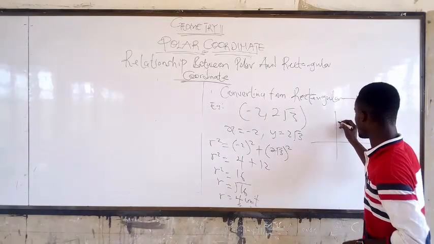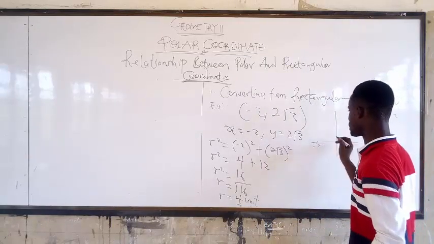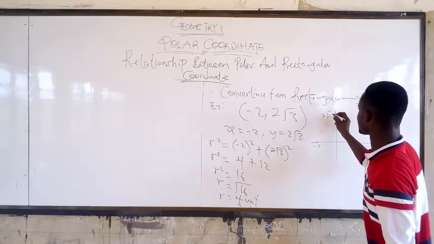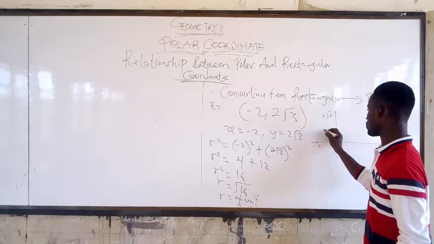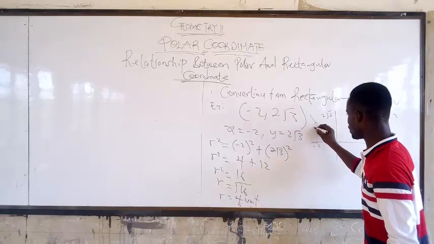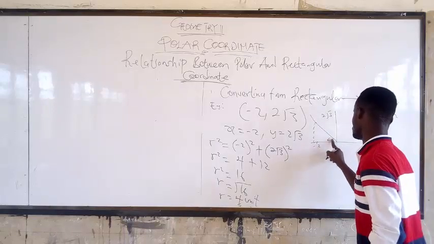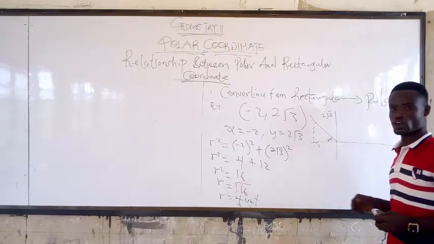So now, let's say we have our negative 2 here. Then we have our 2 root 3 here. So it will form somewhere here, right? And so that makes an angle with the x-axis. So this is the alpha, right?